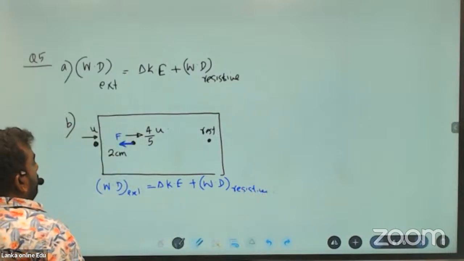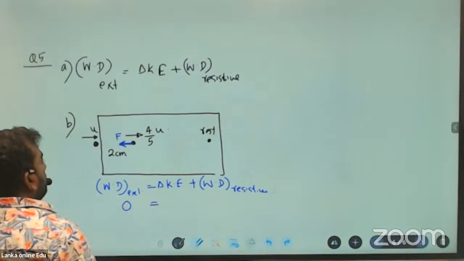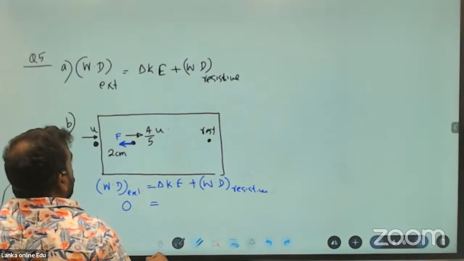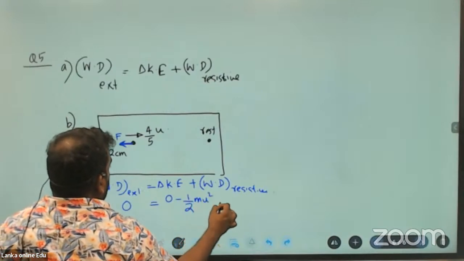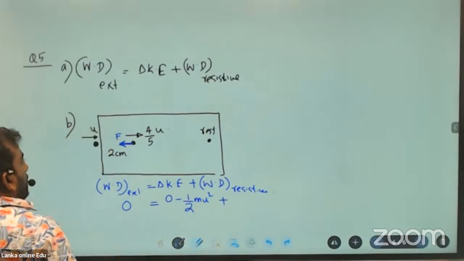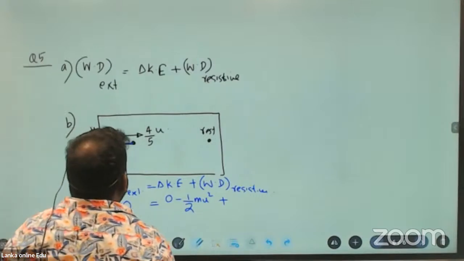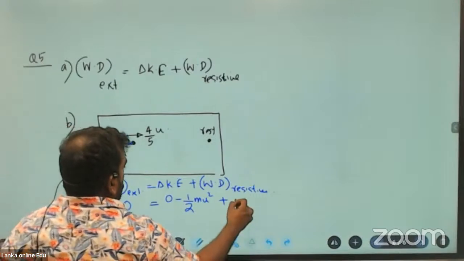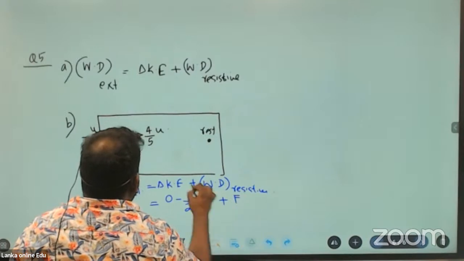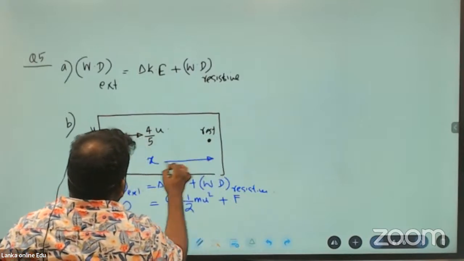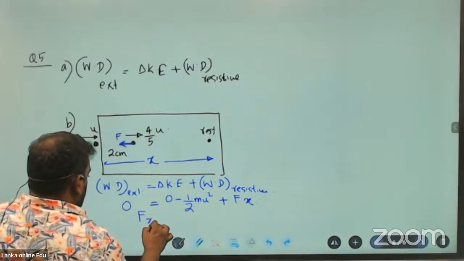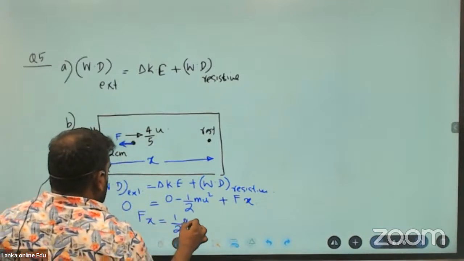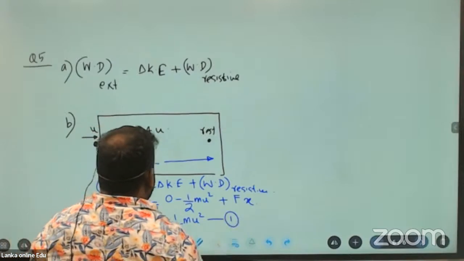There is no external work done. Loss in kinetic energy is final kinetic energy minus initial, half m u squared. Work done by resistive force is friction into total distance traveled x. So F times x is half m u squared, equation 1.